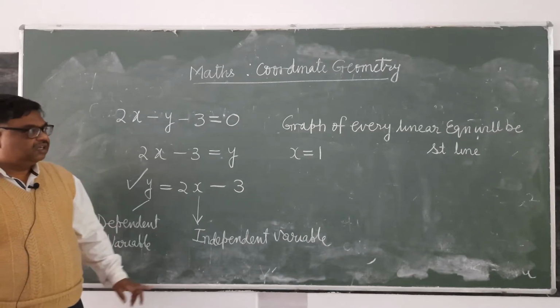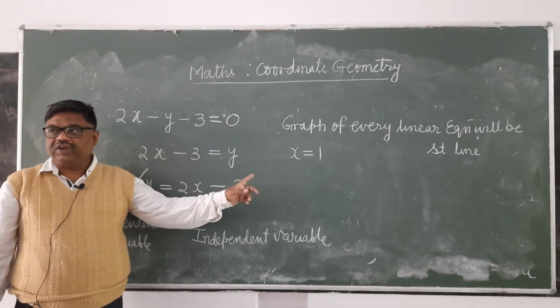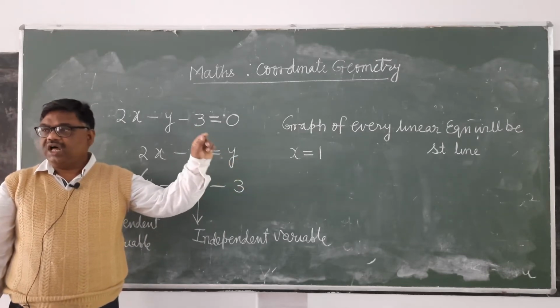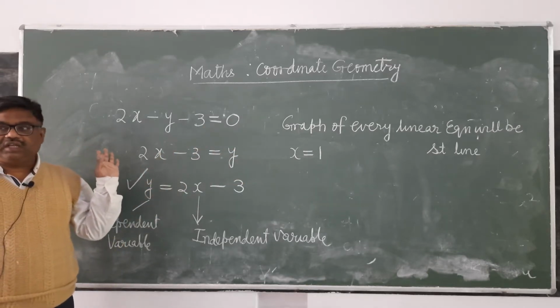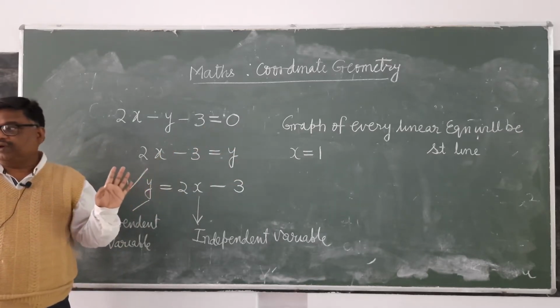And second, you will take such a value of x which is either a whole number or in 0.5, provided the value of y is also either a whole number or in 0.5.